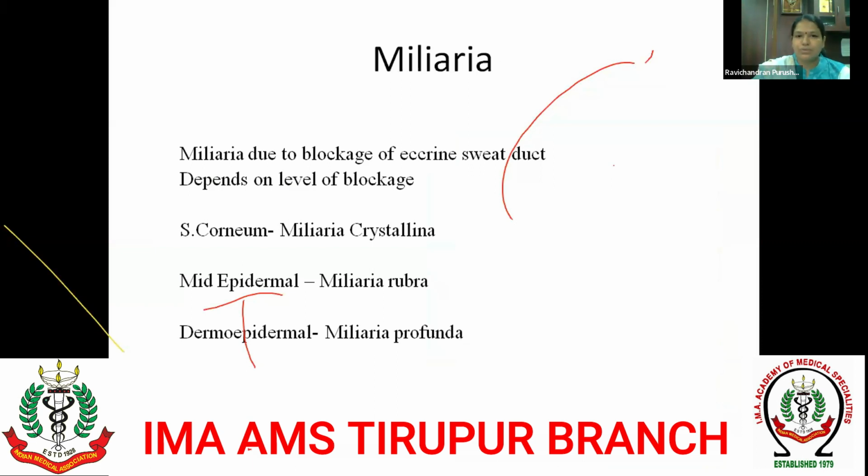Then we come to miliaria. Miliaria is a blockage of the eccrine sweat duct, and depending on the level of the blockage, we call it by different terms. When it is in the layer of the stratum corneum, it is called miliaria crystallina.